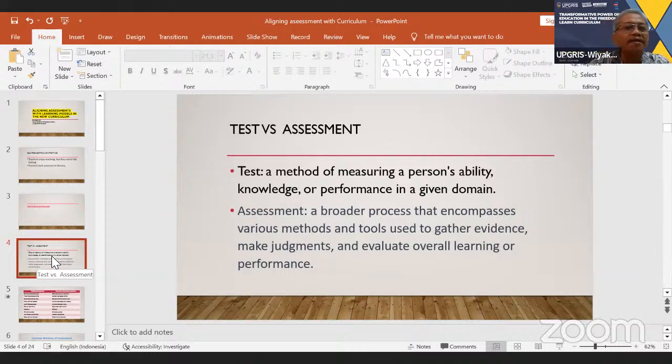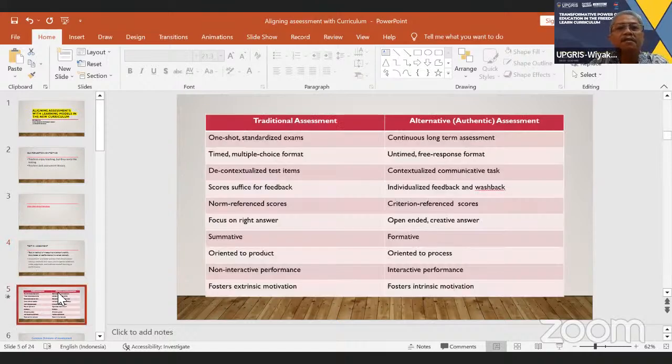What I want to highlight in this discussion is the difference between traditional assessment and alternative assessment. Sometimes experts call it alternative assessment, or some of them label it authentic assessment.